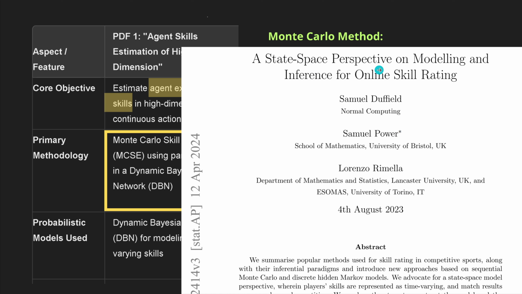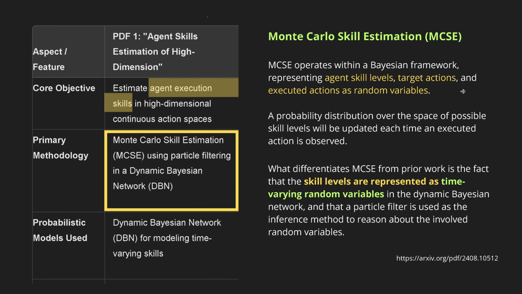A State Space Perspective on Modeling and Inference on Skill Ratings. So this is the more advanced paper. Maybe you read this in second position, but this gives you also a very nice introduction to this topic of sequential Monte Carlos with discrete hidden Markov models.